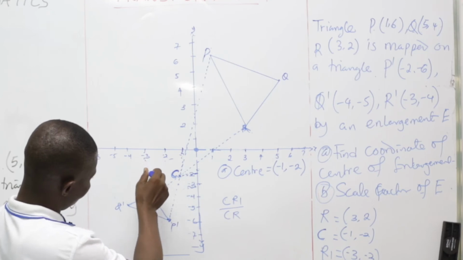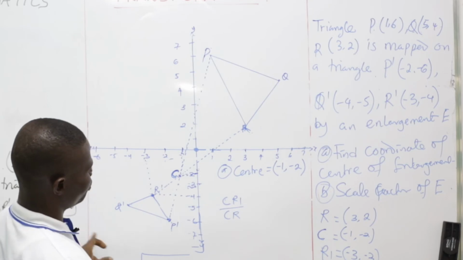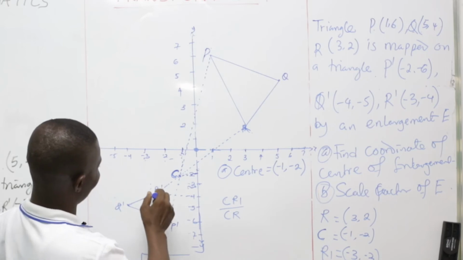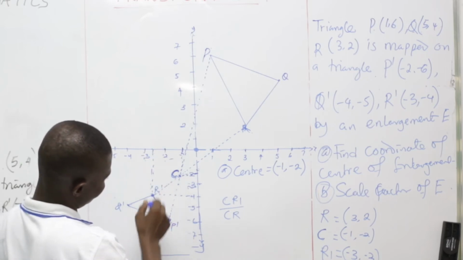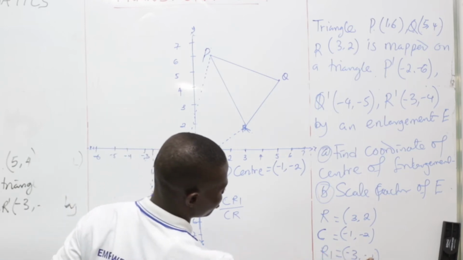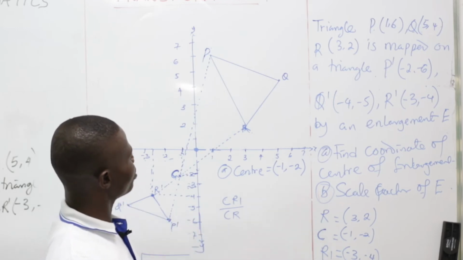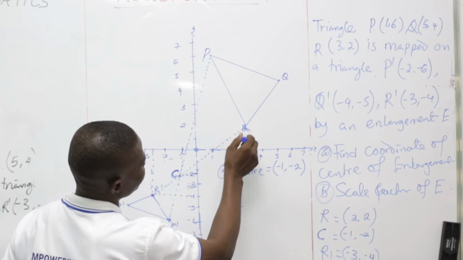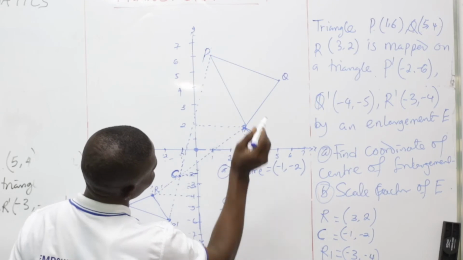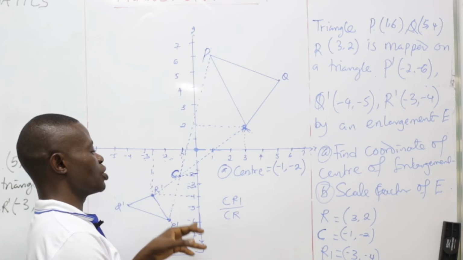What you trace against this, minus 4. X is not perfectly minus 3, but let's assume it's minus 3 against minus 4, okay? Then for R, see R here already, 3 against 2. It's straightforward. That's R. So scale factor is what?